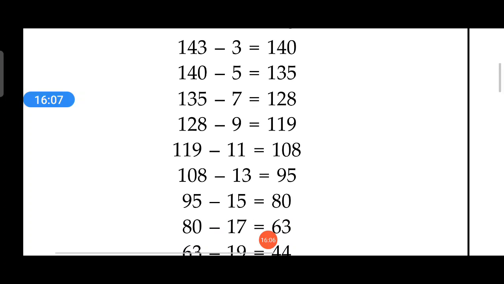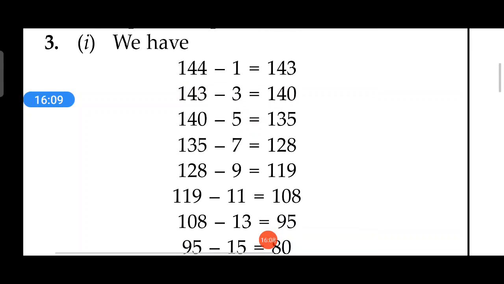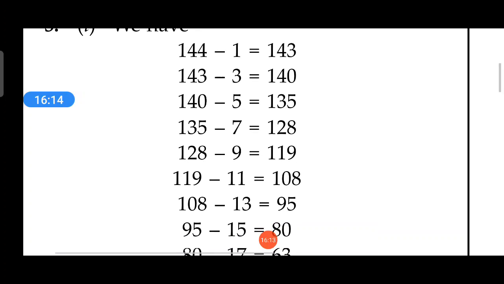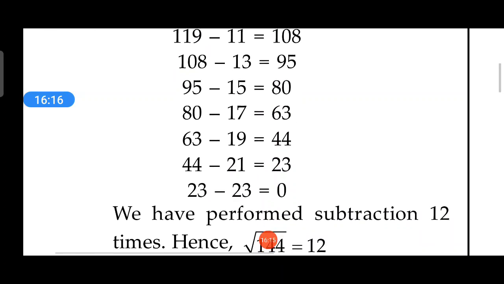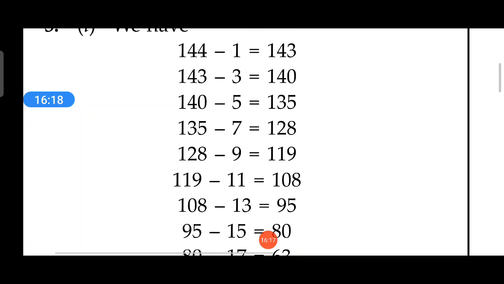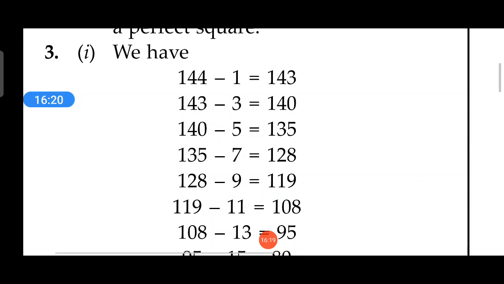So here we will take all odd numbers. 144 minus 1 is 143. 143 minus 3, then 5.